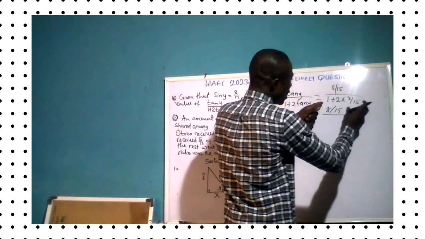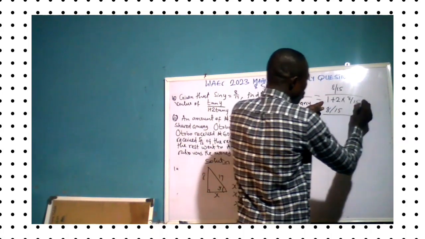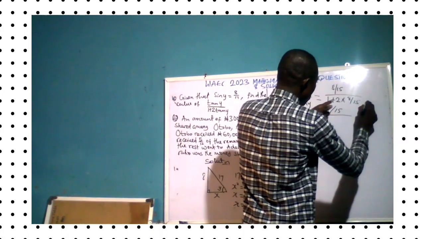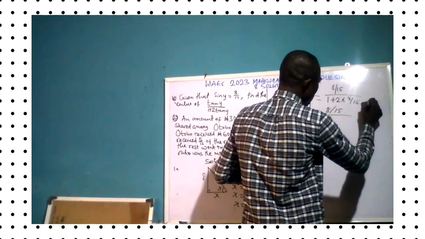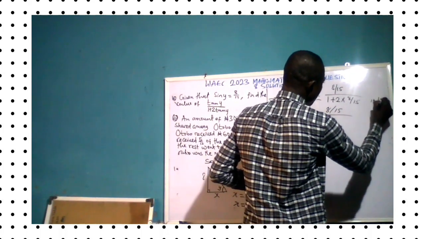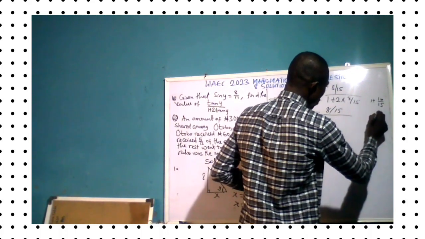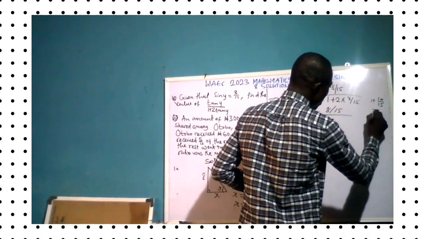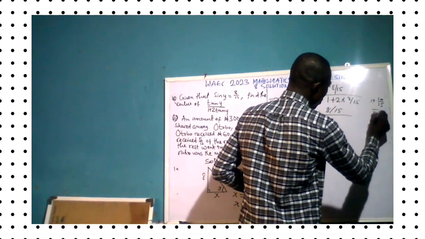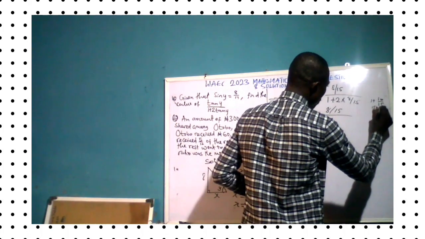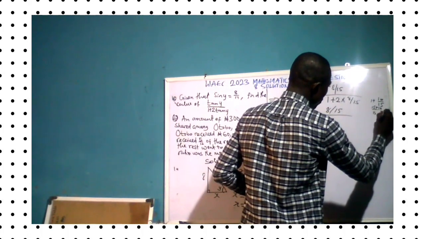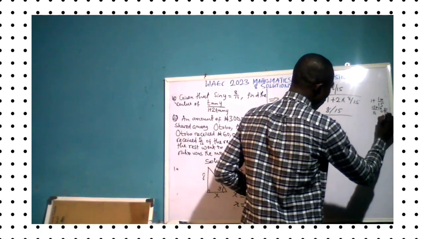Let's simplify this denominator. 2 times 8, that will be 16. That will be 1 plus 16 over 15. Taking the LCM, so you have 15 plus 16, so that you have 31 over 15.